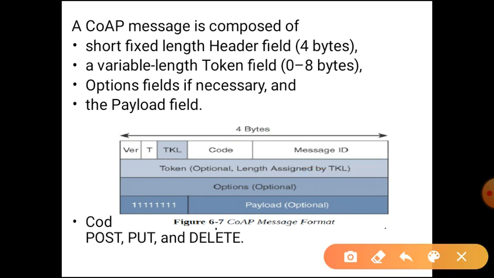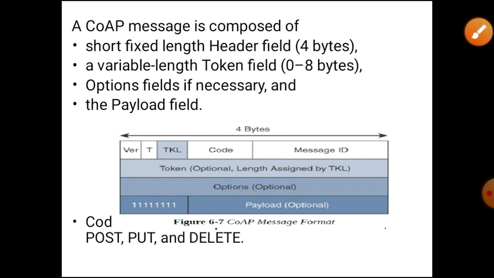Then we have the next field, that is the token. This field will be of length specified by TKL, and each request message contains a unique token. This token is generated by the request message, and the same token has to be copied by the response message, and again this is optional.